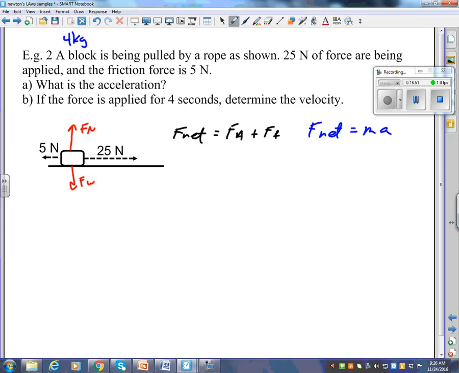No, we've already established that they aren't contributing anything, right? So I'm going to write F net is equal to my applied force, which is 25, and my friction force is 5. But because it's in the opposite direction, it's really minus 5.